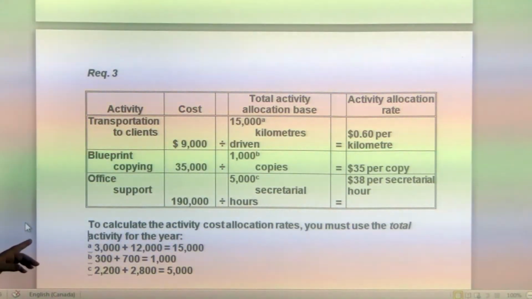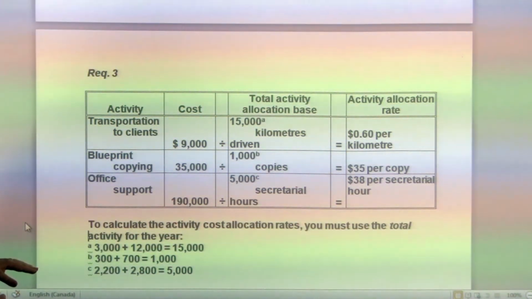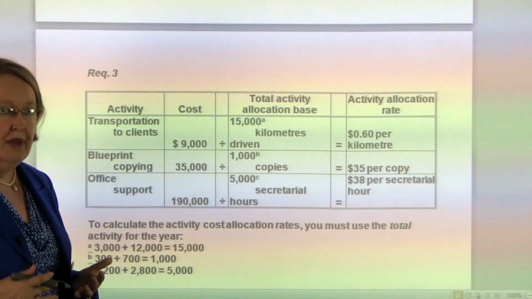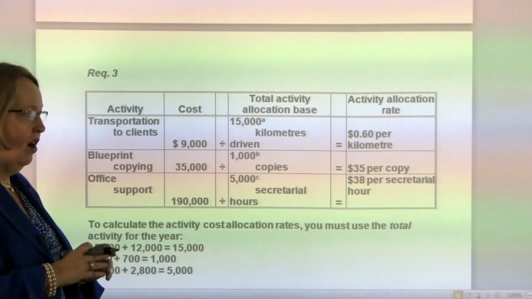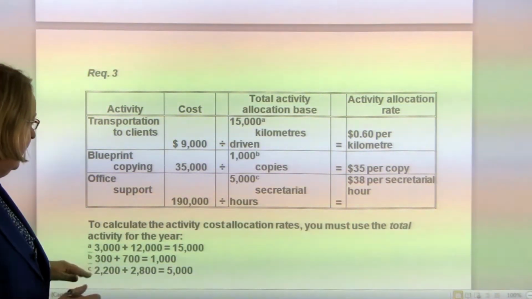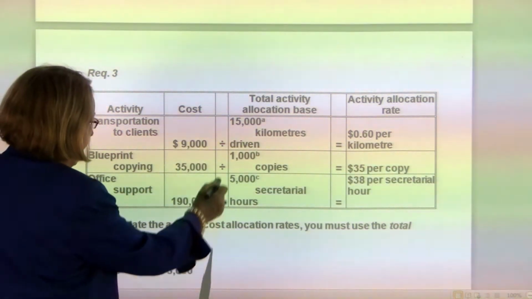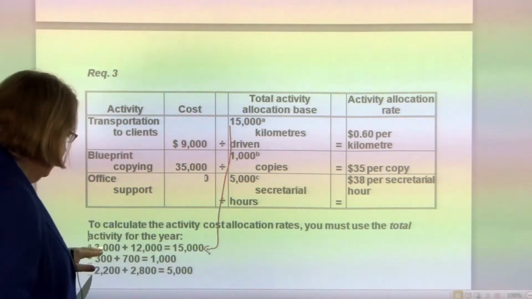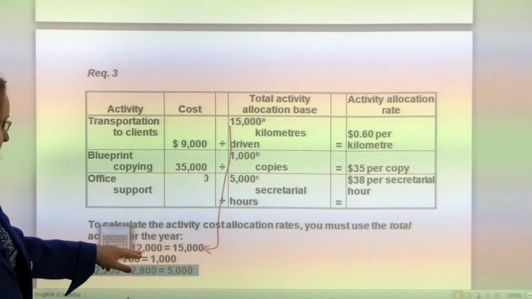It's also important, when you are identifying your allocation base, that you take all of the activity for the year. So when you are looking at the 15,000 kilometers, for example, that is comprised of 3,000 plus the 12,000.